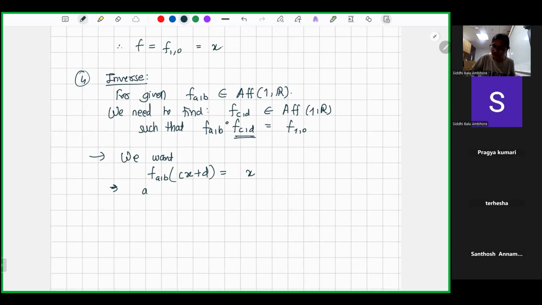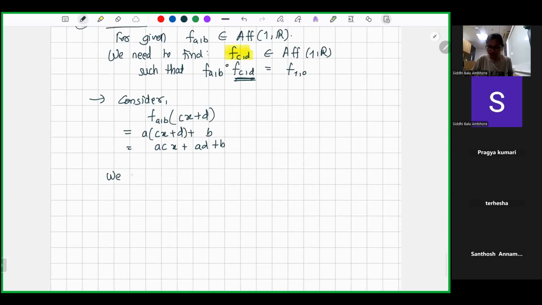I need to find c and d, so we are trying to find this f(c, d). So a(cx plus d) plus b is acx plus ad plus b, and we want acx plus ad plus b to be equal to x.